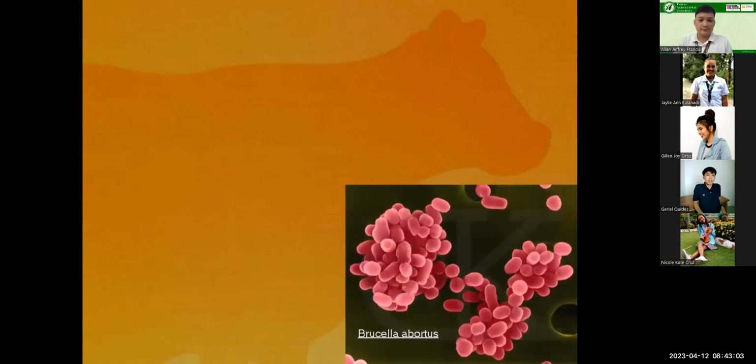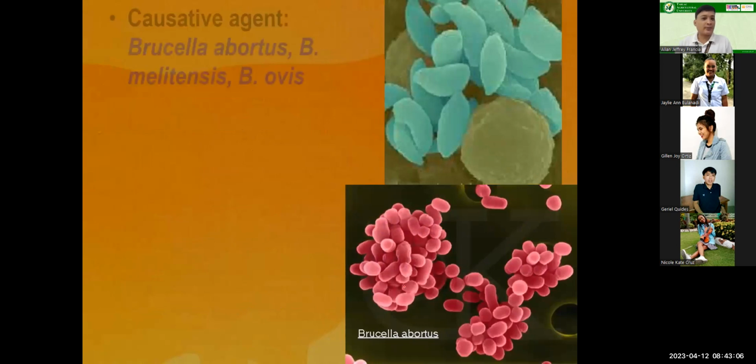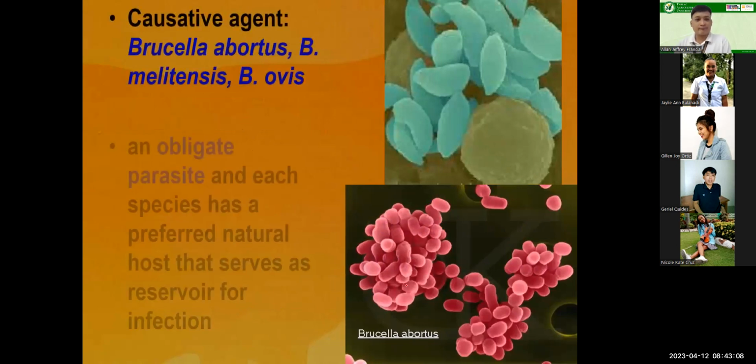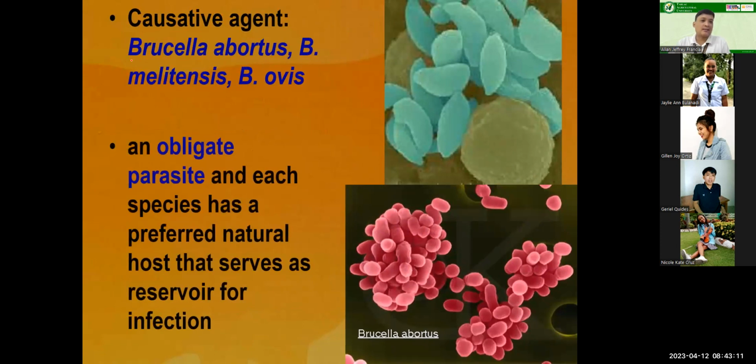Okay. So these are the examples of Brucella, causative agent: abortus, melitensis, and suis. So they are obligate parasites, or they are obliged to parasitize the reproductive organ ng infected animal. And each species of this ay meron siyang preferred host.